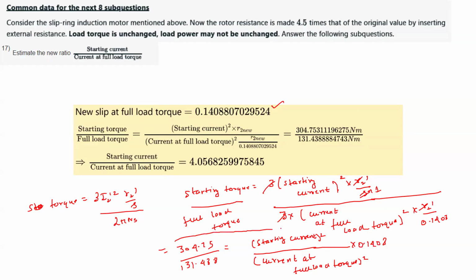So like earlier, you just cross multiply, send the 0.1408 down in the denominator, and then take the square root. You will get the ratio of the two currents. So this was the last question of this assignment.